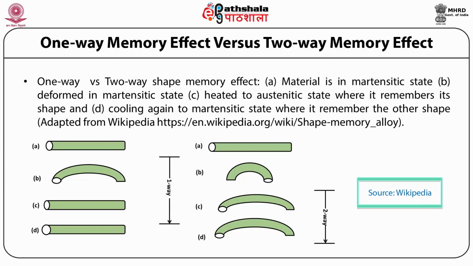But in the figure on the right-hand side, which exhibits a two-way shape memory effect, the material changes or regains the shape obtained in the martensitic state or at least close to it.